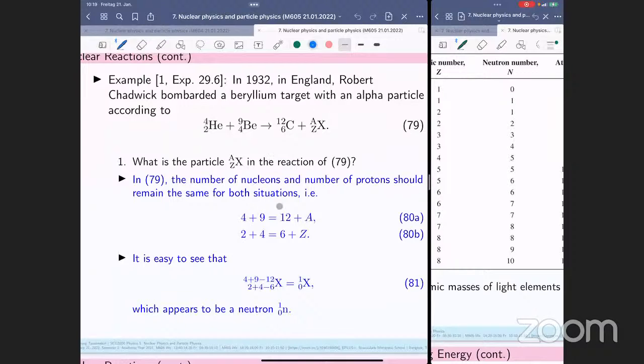Okay, the next one is the number of protons, that's the atomic number, right? The number that identifies which element it is.